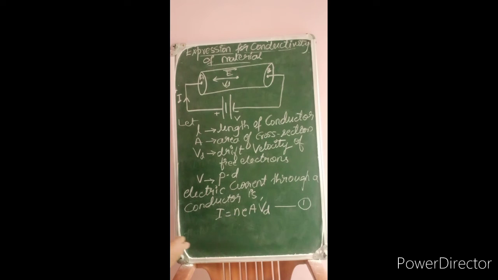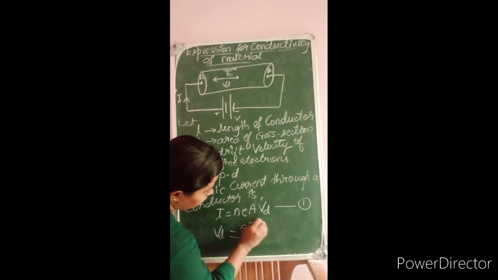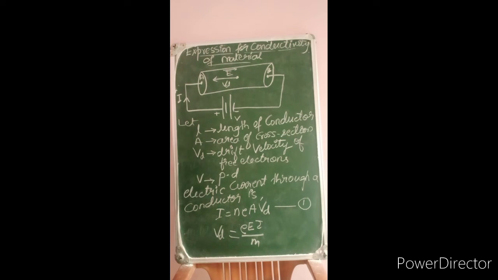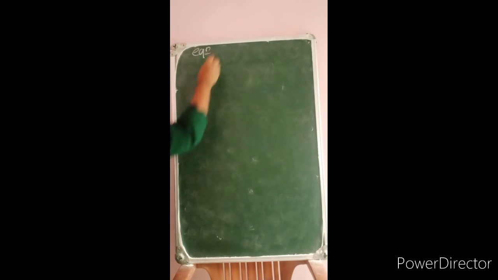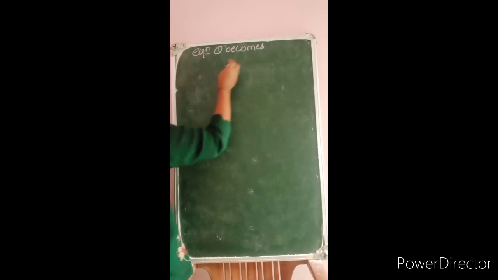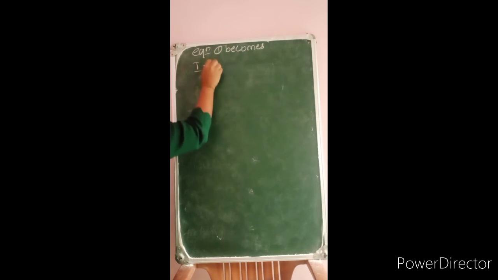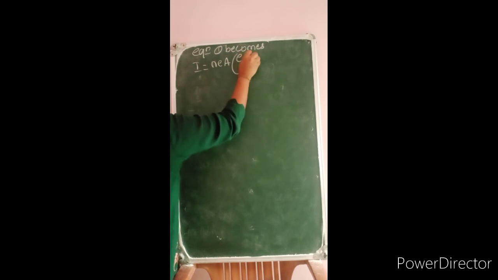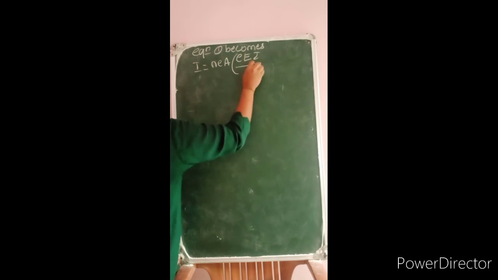But we know that the drift velocity V_D is given as e tau divided by m times E. Substitute this V_D value in equation 1. Equation 1 becomes I is equal to n e A into e E tau divided by m.